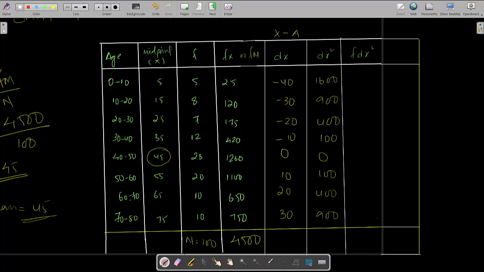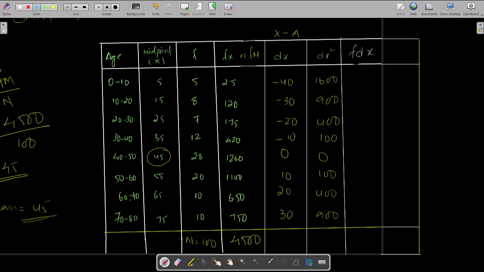Alright. Let's first find out f dx. If we have to find f dx, that is f into dx, right?